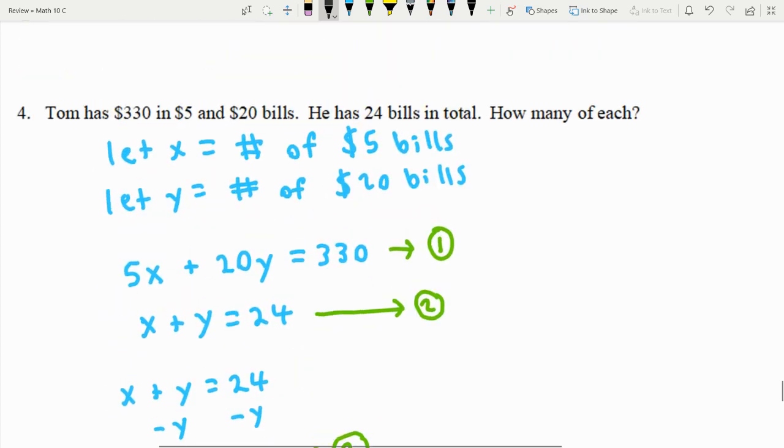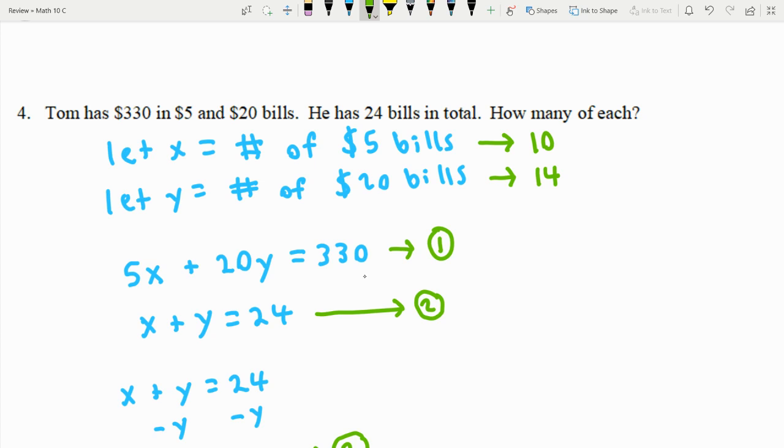What does that mean? Well, it depends what I set my variables as. Because I let x equal the number of $5 bills, I would have 10 $5 bills, and I let y equal the number of $20 bills, so I would have 14 $20 bills.